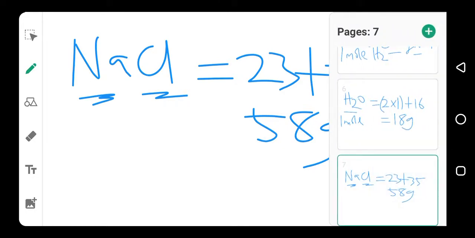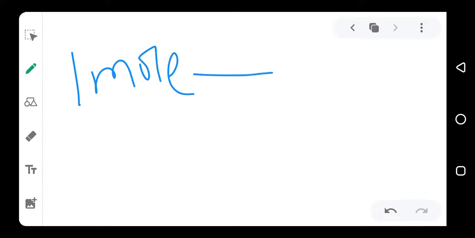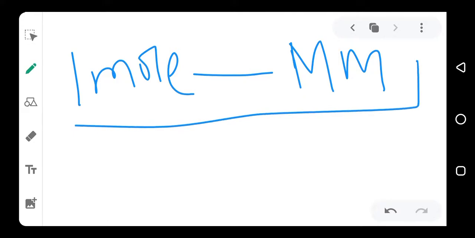Now, the relationship that exists between the molar mass and the mole is what I've said before: 1 mole has a weight that is equivalent to the molar mass of a substance. 1 mole of any substance has a weight that is equivalent to the molar mass of the substance.